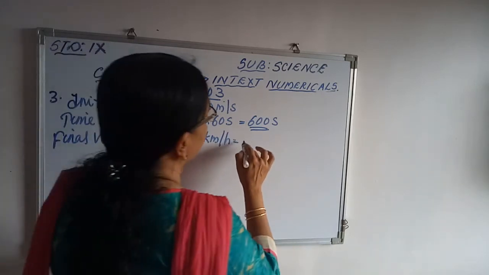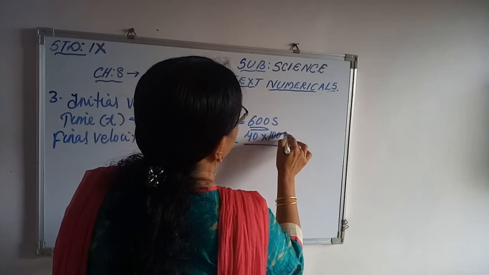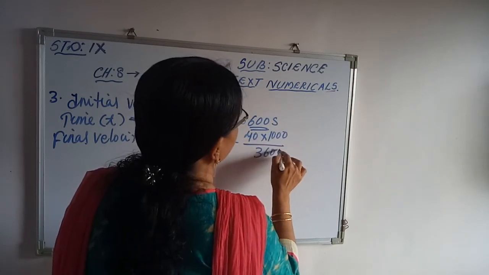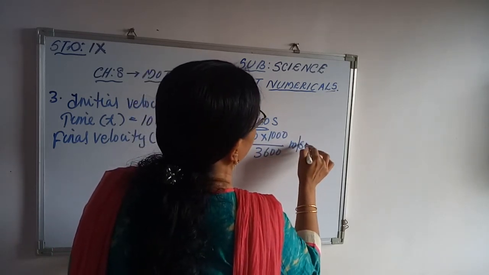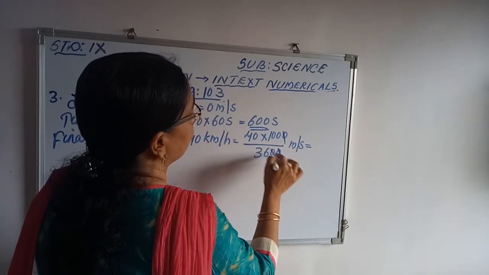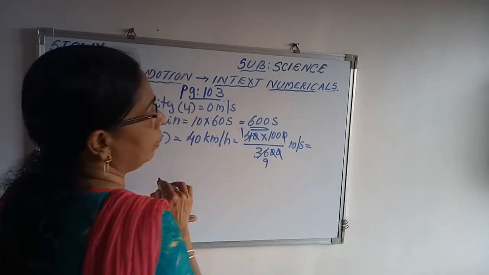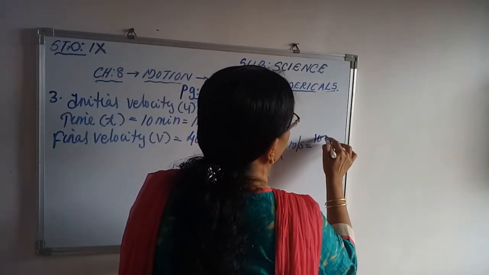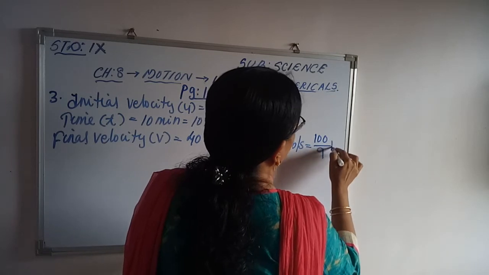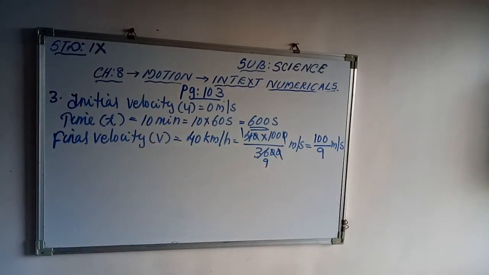Convert that to meter per second. 40 into 1000 upon 3600 meter per second. That's equal to, cancel, isn't it? So 100 upon 9 meter per second. That's the final velocity.